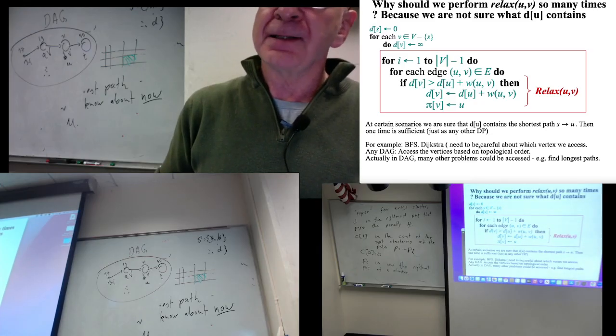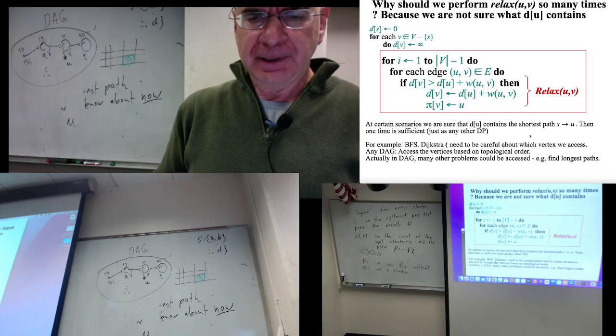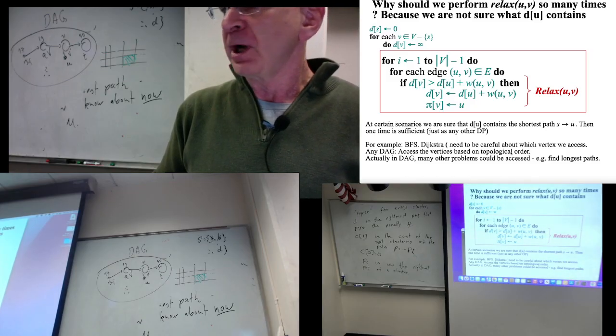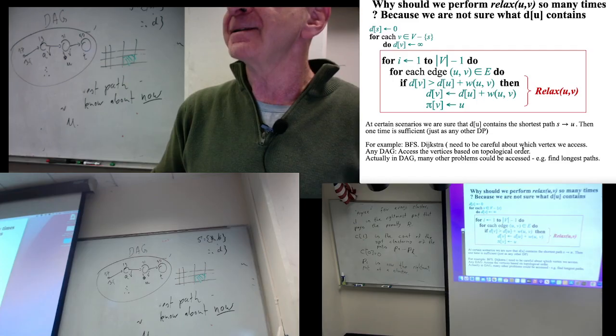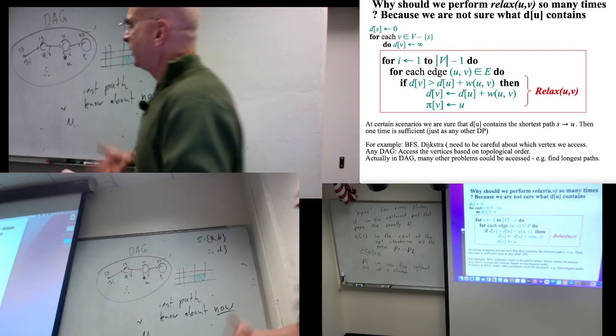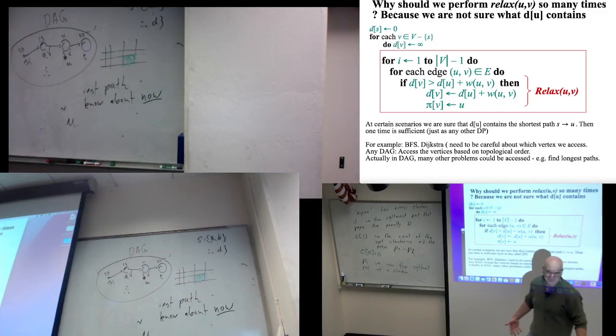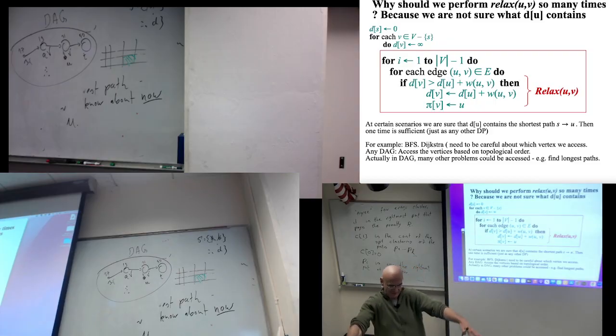And actually, in DAGs there is a lot of power, which as an undergrad I never saw. There are so many other problems that you can solve the moment things happen in a DAG. Like geometrically, it's great if you think about gravity, or anything that happens by height and influences only from higher to lower.